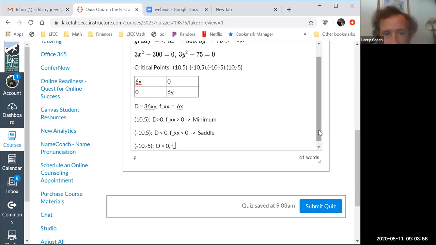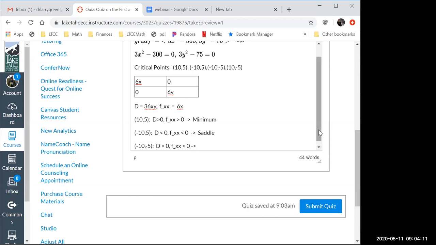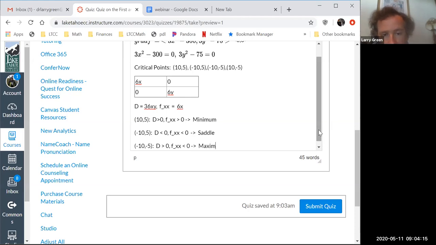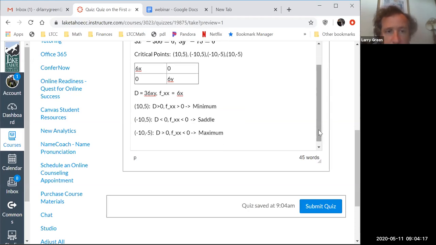And fxx, if we plug in negative 10 and negative 5, 6 times negative 10 is negative. So what does that tell us about this point? Yeah, it's a maximum. Okay, and then finally, we have 10, negative 5.